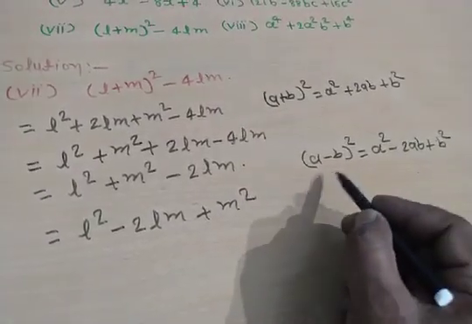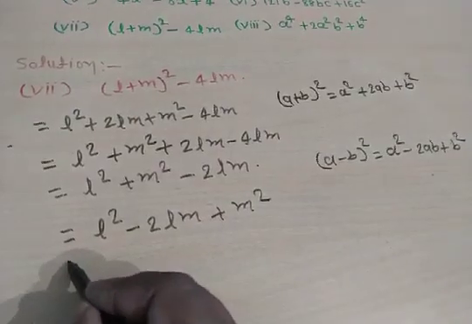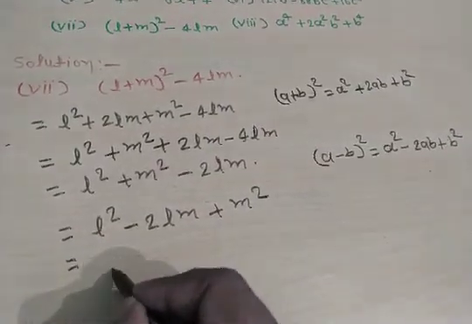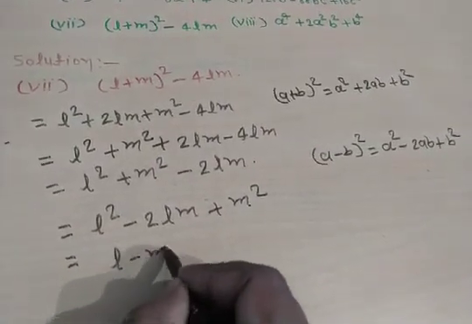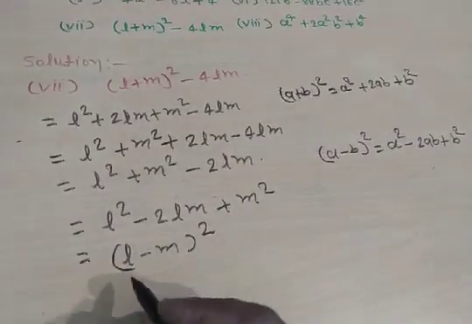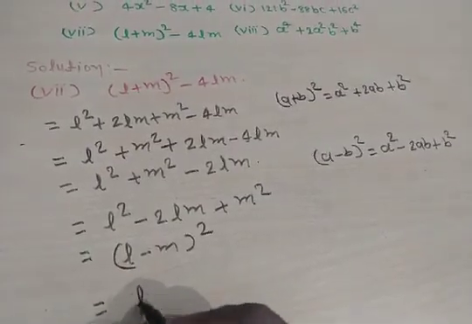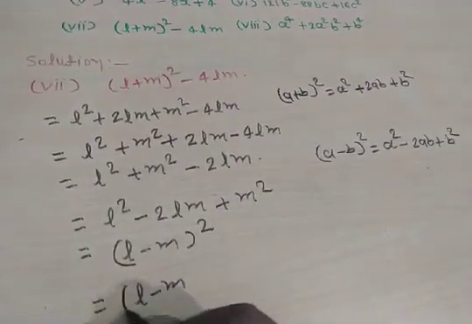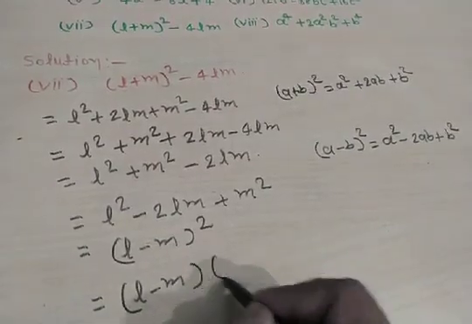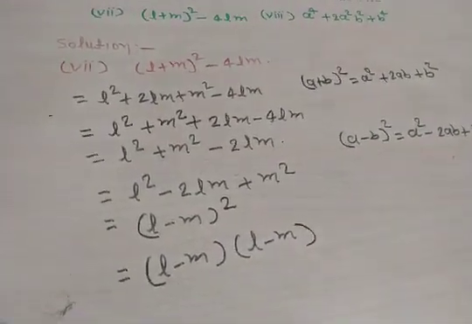According to this identity, you can write this as L minus M whole square. Or you can write it as L minus M in one bracket into L minus M in another bracket. Okay.